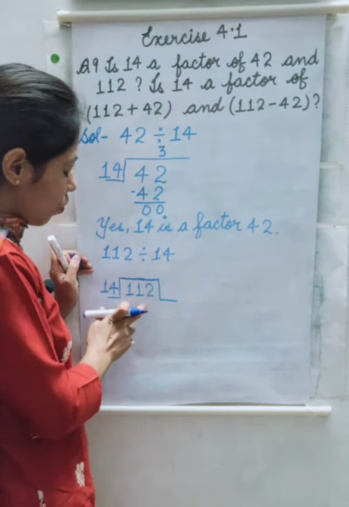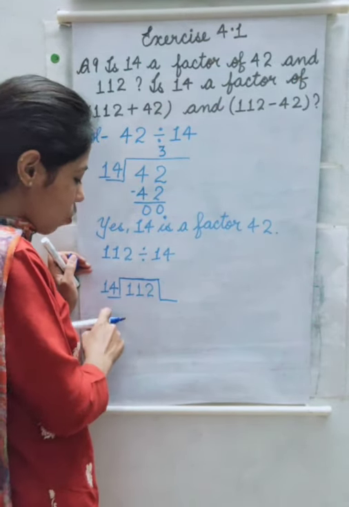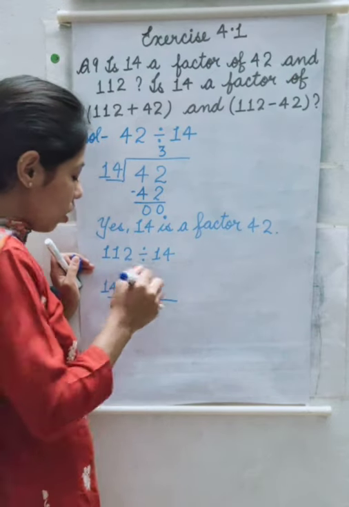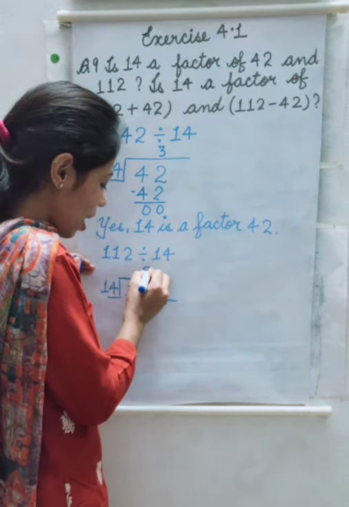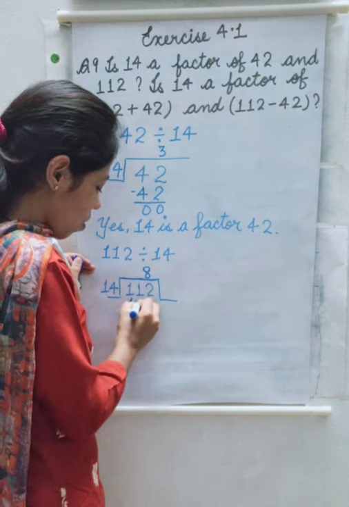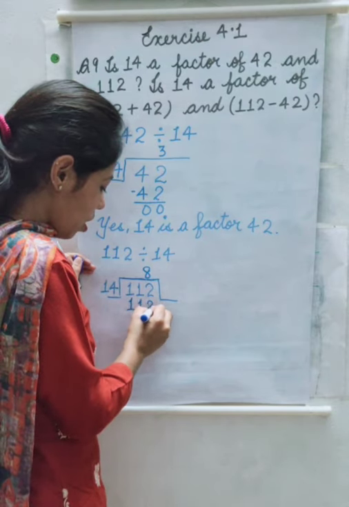So we have to divide this 112 by 14, and you all know that 14 eights are 112.